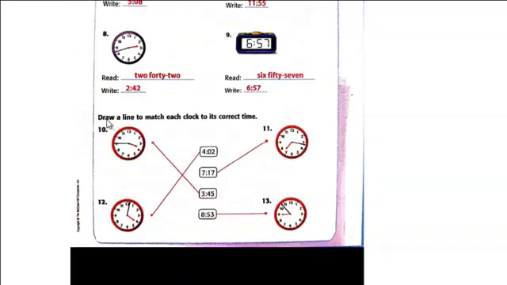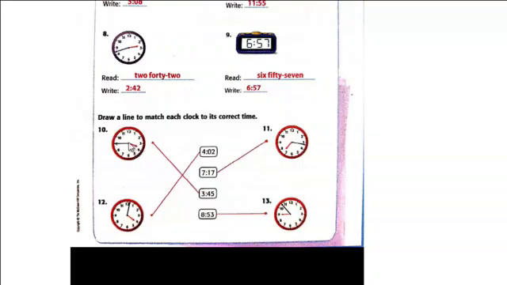Here, draw a line to match each clock to its correct time. Number 10. The short hand here was between 3 and 4. So it passed 3 but didn't reach 4.